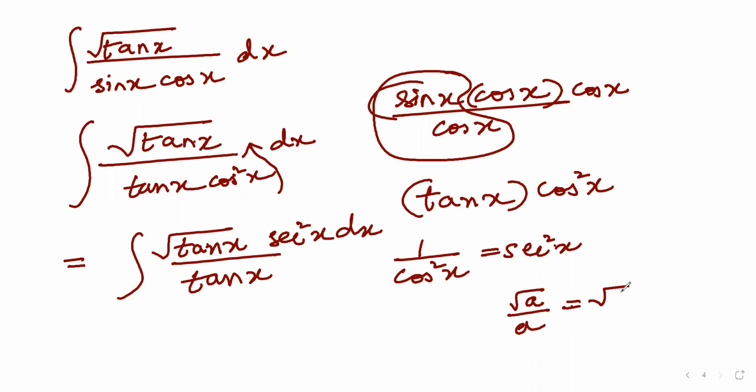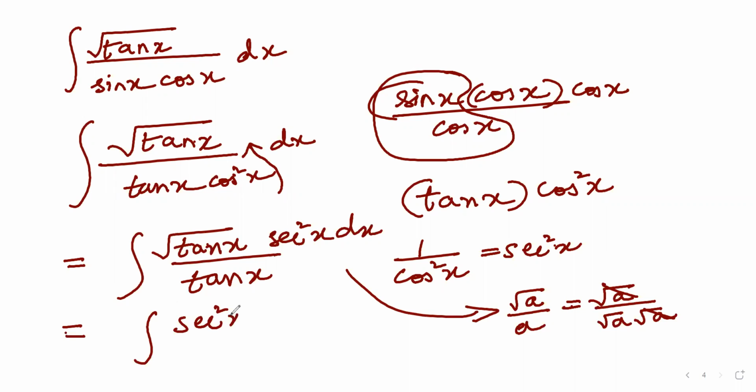It would be root a upon root a into root a, which will be 1 over root a. You can relate to this. So tan x in the denominator, I write as root tan x into root tan x, isn't it? So it gives me secant square x dx over root tan x.